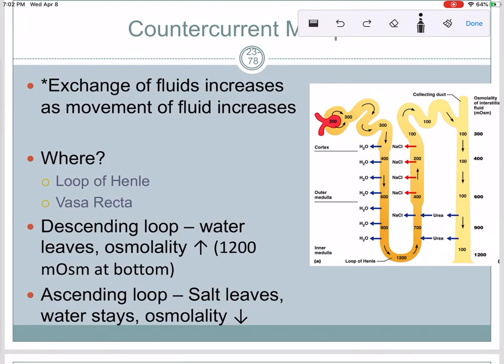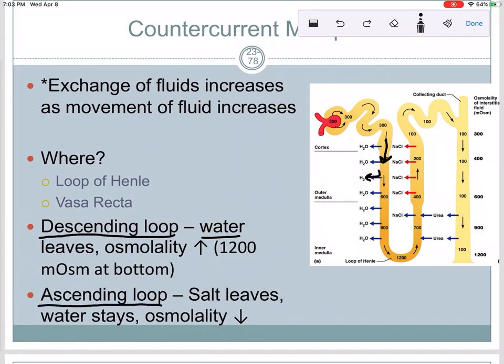Let's first address the descending limb. It is in the descending limb of the loop of Henle where there is primarily water absorption. So we want to memorize that in the descending limb, it's more about water reabsorption.